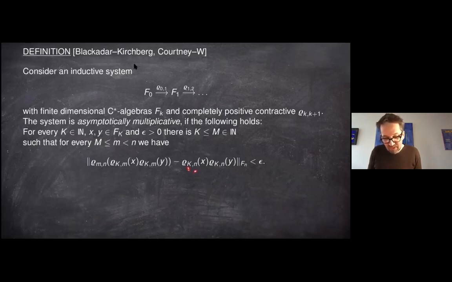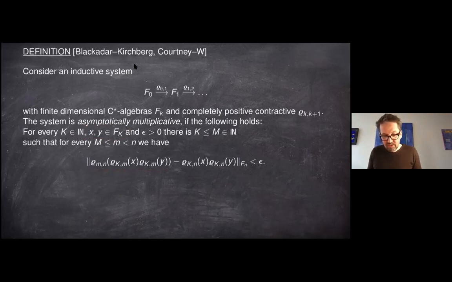From F_k to F_n, and you compare it with those from F_k to F_m, and then from F_m to F_n, then rho_mk may not be multiplicative, but rho_mn is almost multiplicative, at least on the images coming from F_k. Okay, for x and y in this finite dimensional C-star algebra, and we're using that the unit ball is compact, of course.